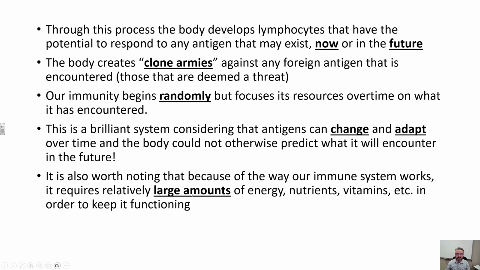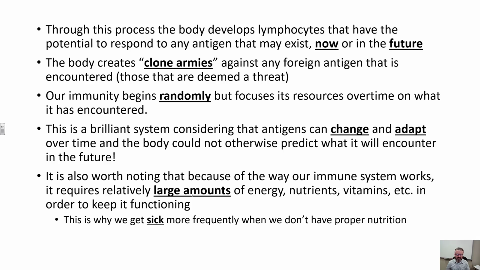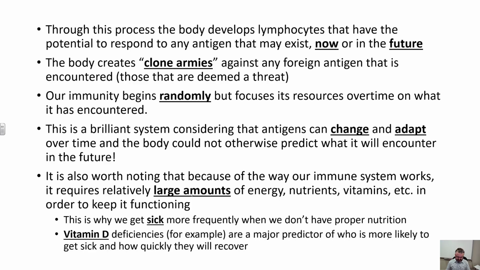The billions of cells that you have to produce to make this system work require lots and lots of nutrients to keep that whole process going. And this is one of the reasons why if we don't take care of ourselves, we tend to get sick more often, because we don't have the adaptive immune response functioning at the level that it should. As an example, vitamin D deficiencies are a major predictor of who's going to get sick and how likely they'll recover.